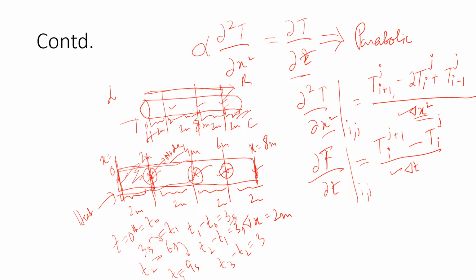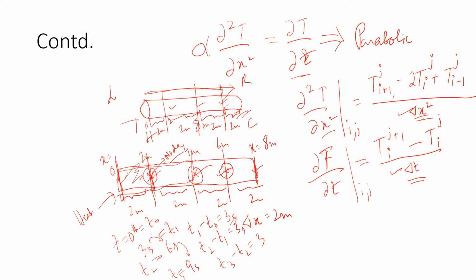Hence, this 3 seconds is nothing but this del t, the time increment. So this del x is the spatial increment in the x direction, and this del t is your temporal increment. And we want to know what is the temperature at these nodes after a certain time del t, right?